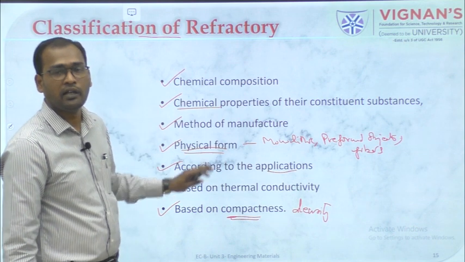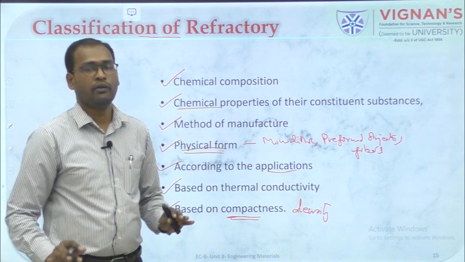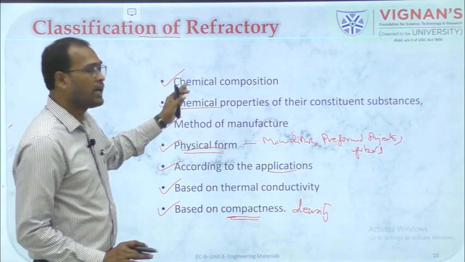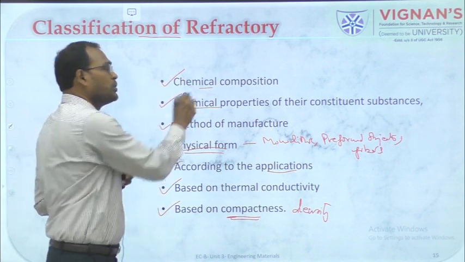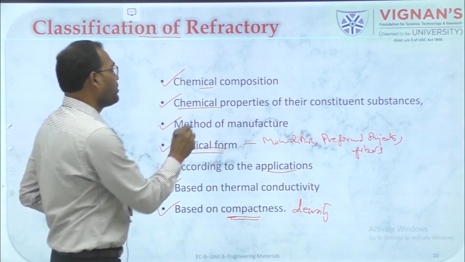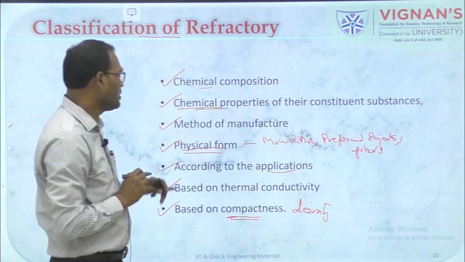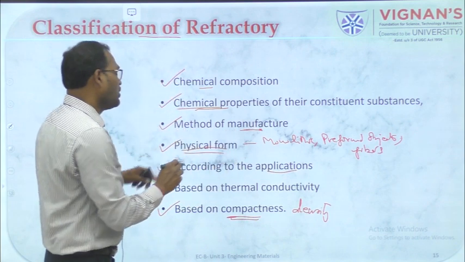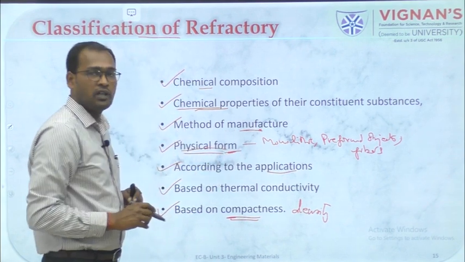So refractory materials can be classified in different ways. Here I have listed a few. First, we can classify based on the chemical composition. We can classify based on the chemical properties. We can classify based on the way of manufacturing, and based on the physical form.